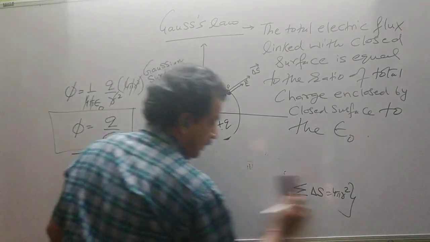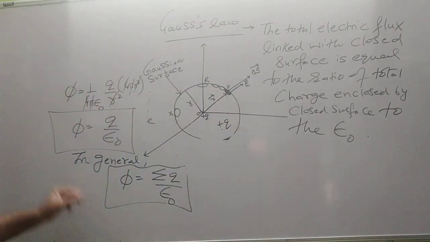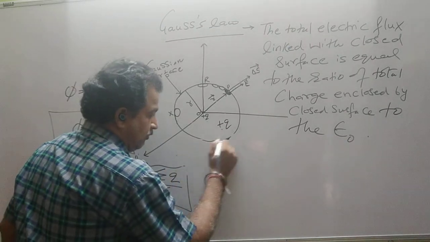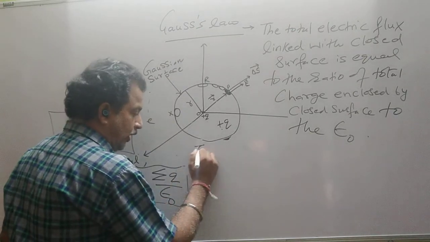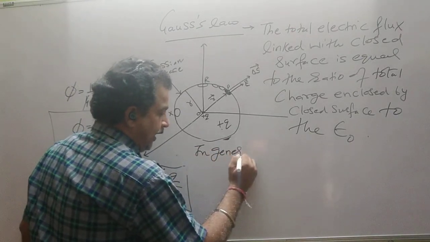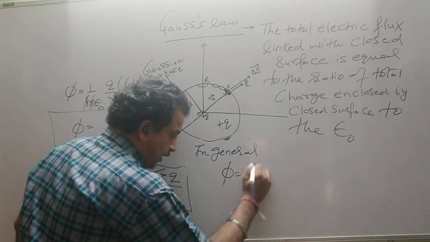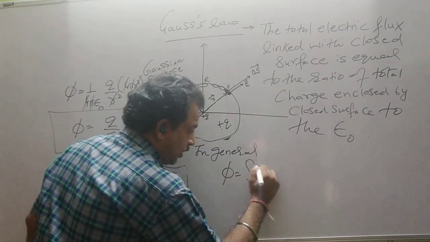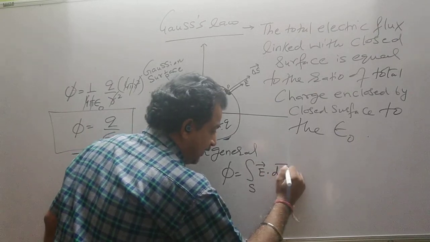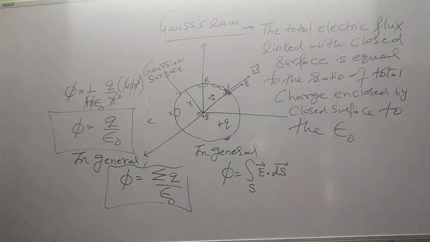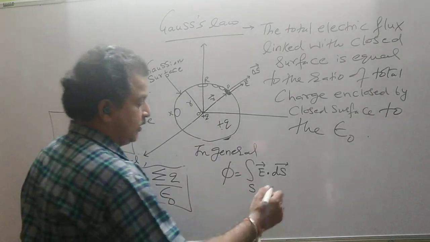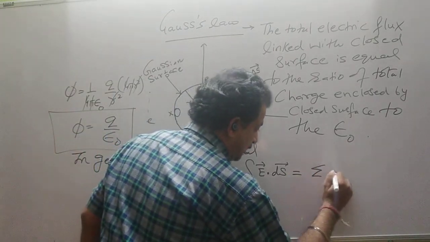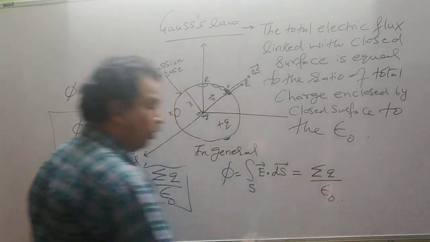Now overall, we got three equations where the flux is associated with the charge as well as the electric field intensity. In general, the electric flux, if you remember, we have written as surface integration E dot dS. This was what we studied in electric flux. Now this flux is also written as summation q upon epsilon naught.